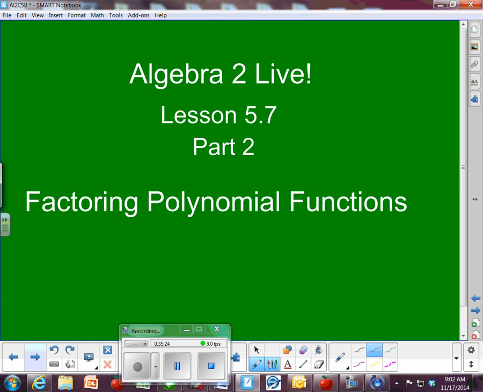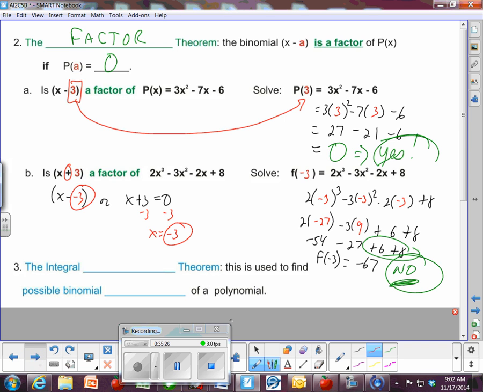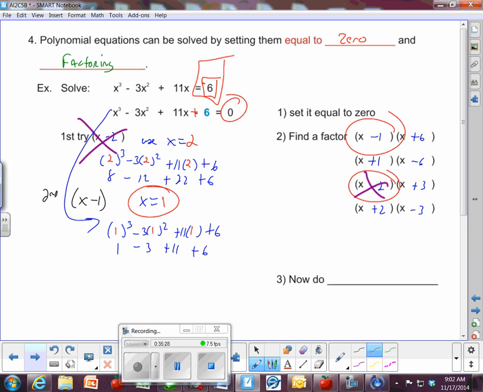If they say solve the polynomial equation, hope that they gave you one that works, and hopefully they will. Use the integral root theorem to list out your possible factors, and then start trying to find one that gives you a 0 remainder. When you get it, do long division, set those factors equal to 0, and then you'll get the solution.